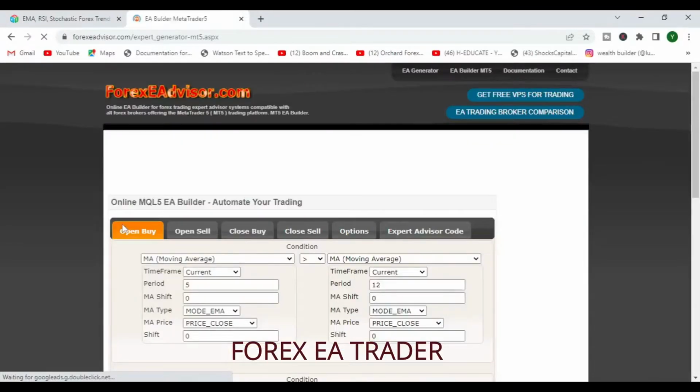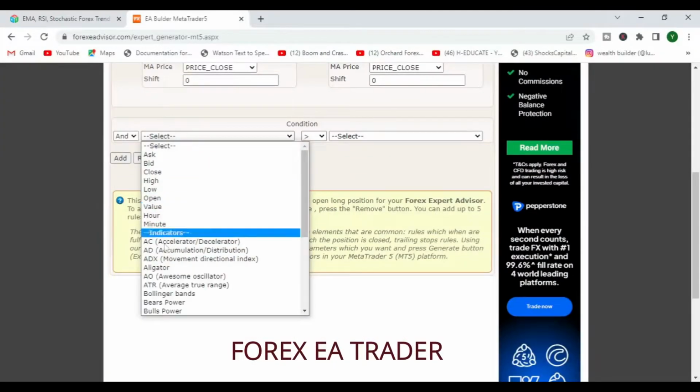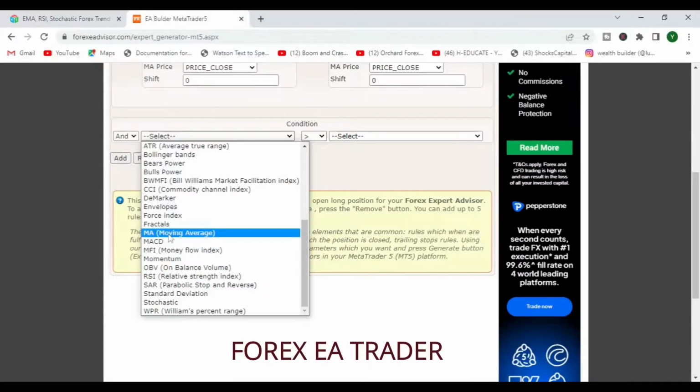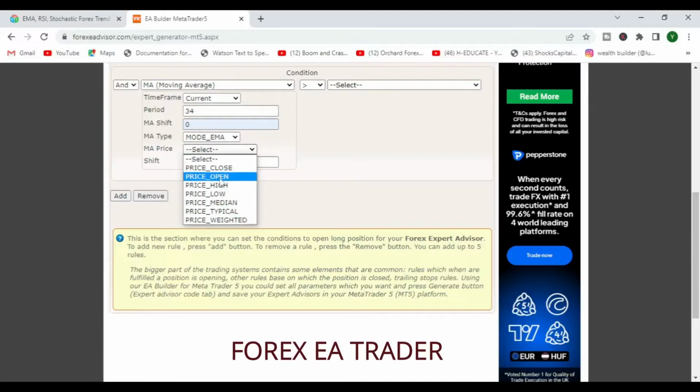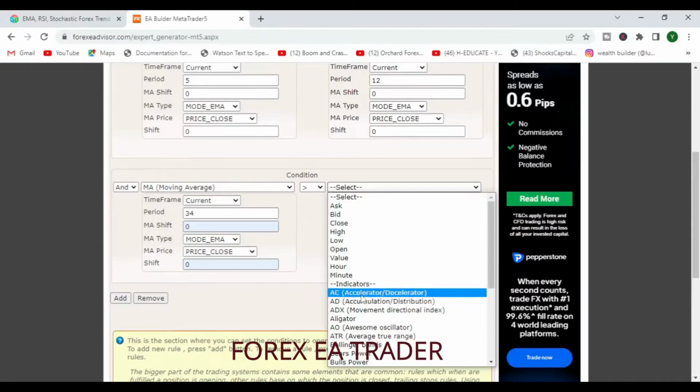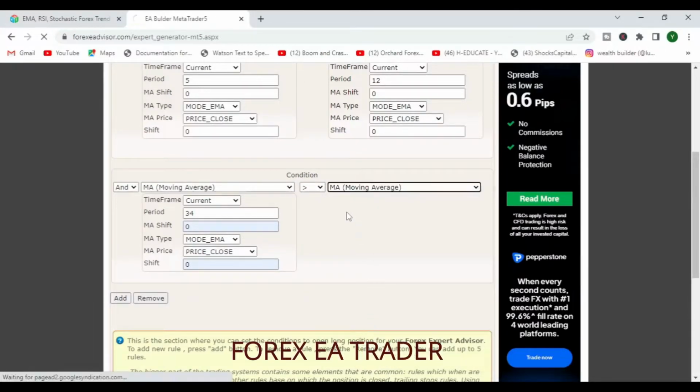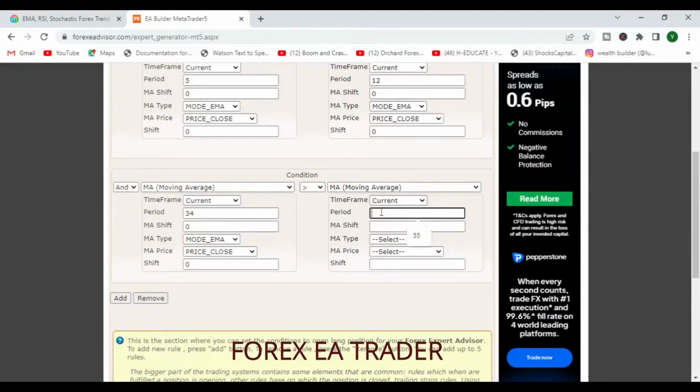So we're going to say and 34. You can see how easy it is to do this. You don't need to be a rocket scientist in order to create your own Forex robot. It needs to be above the 45, and this we are creating for MetaTrader 5. Shift 0, then it's EMA again, and the price we are choosing close.